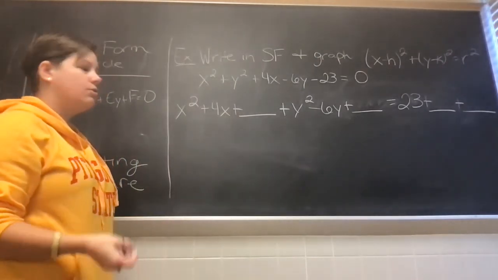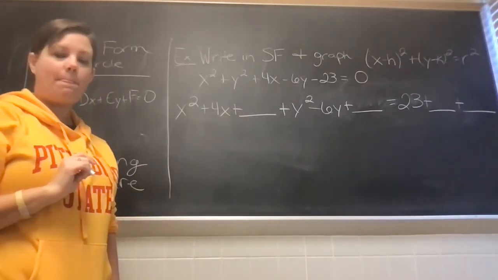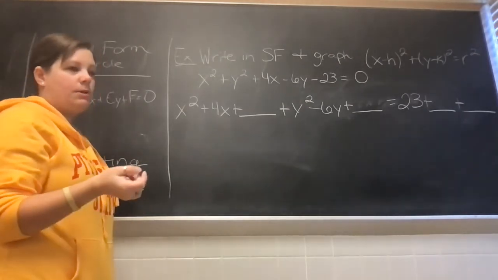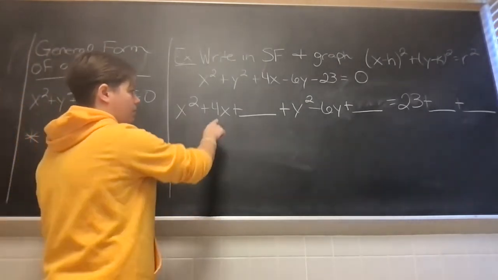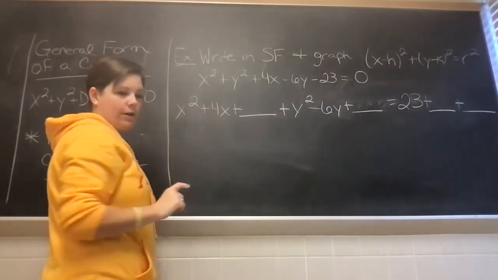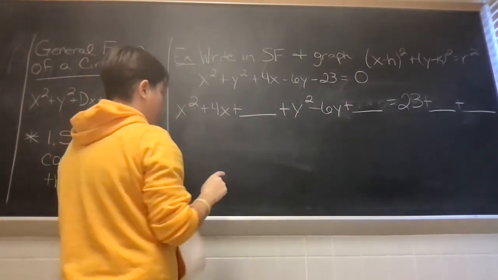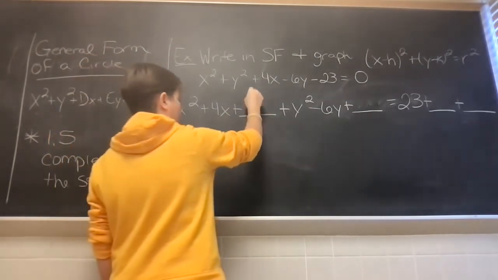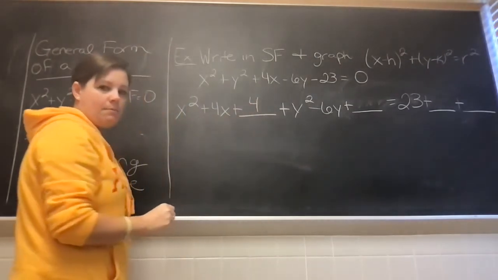Obviously you're not here because this is virtual, so I would ask you, who remembers how to complete the square? Hopefully somebody would say, oh, you do this, and that would be correct. So what we do is we look at our b. We take half of our b and we square it. So half of our b is 2, and we square it, that becomes 4. So I write that in my blank.